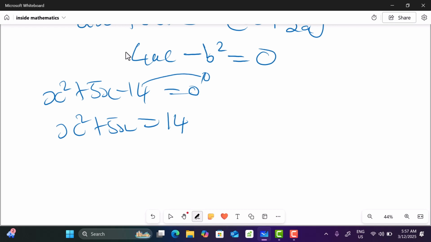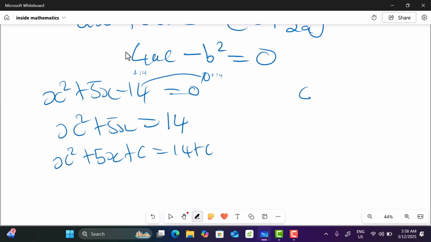It means we add 14 to both sides. That's what we did, so the simplest way is to just take this to the other side. Then we need to add a constant on both sides.